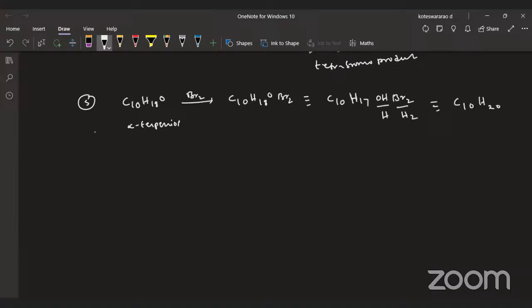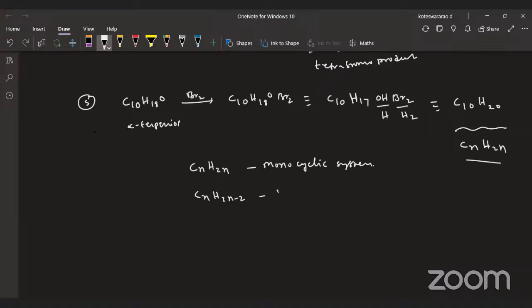C10H20. Now, this resembles CnH2n. What is the use of this CnH2n? Whenever this is the general formula, CnH2n indicates the monocyclic system, or monocyclic ring. If it is CnH2n minus 2, right?